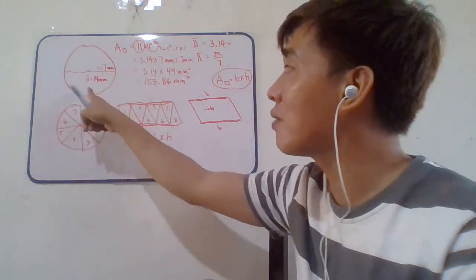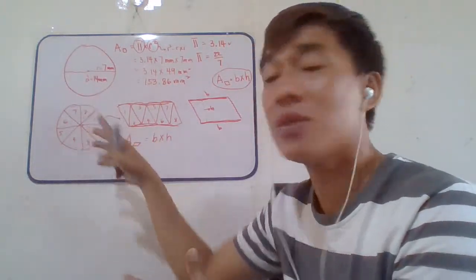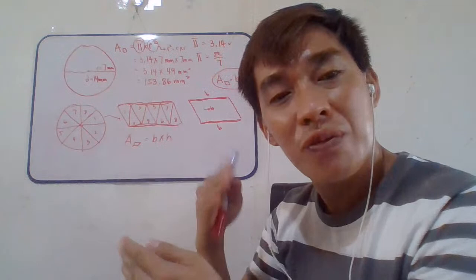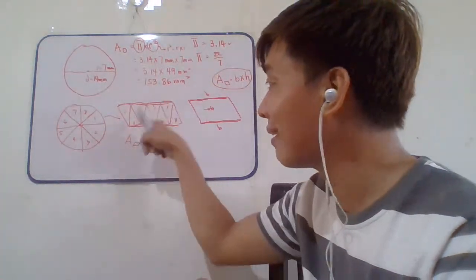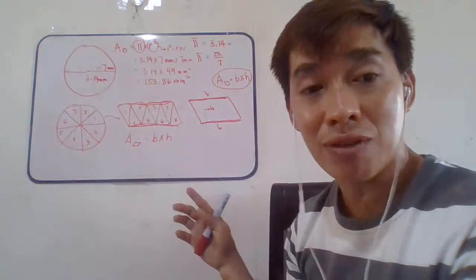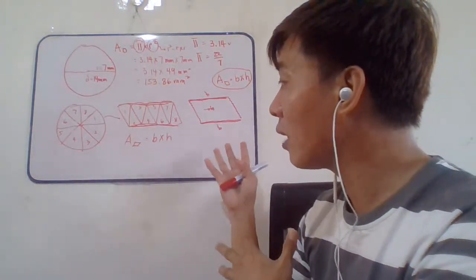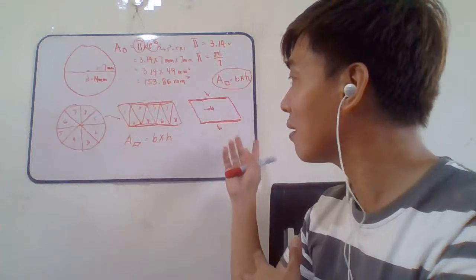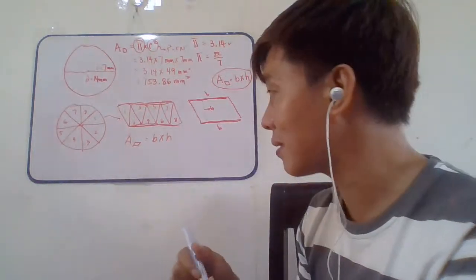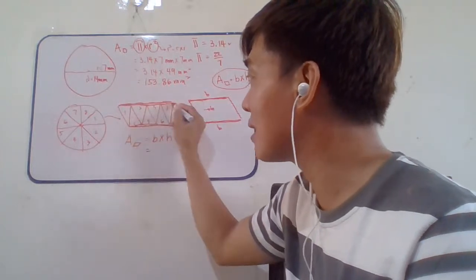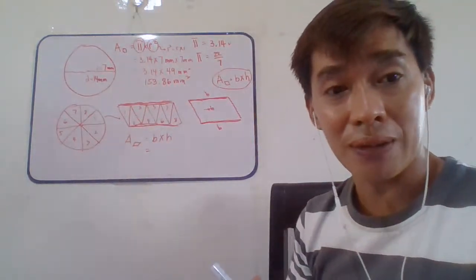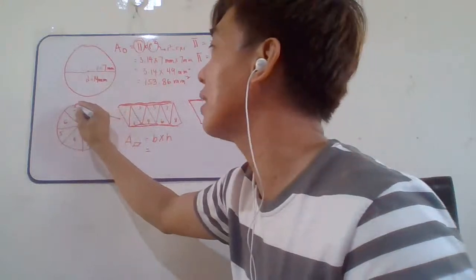Because if you have here a circle and you divide it into smaller sectors like this, and flatten the line, it would look like a parallelogram. And to get the area of the parallelogram, that is only base times height. If you notice, our base here is just only half of the circle, half of the circumference.